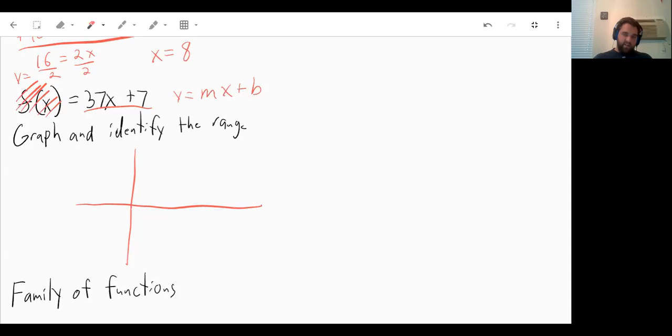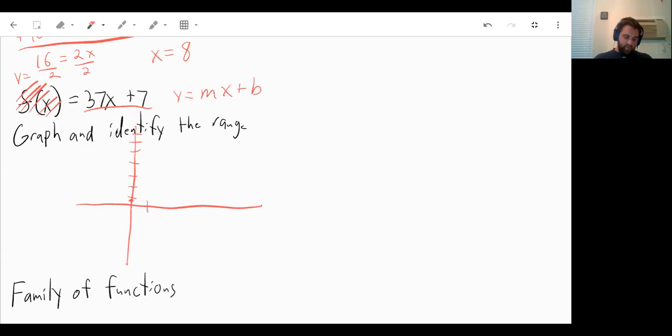So our y-intercept starts at 7 and then goes up by 37. Let's just say each of these goes up by 10. So 10, 20, 30, 40, 50, 60, 70. At 0, our y-intercept is going to be at 7.